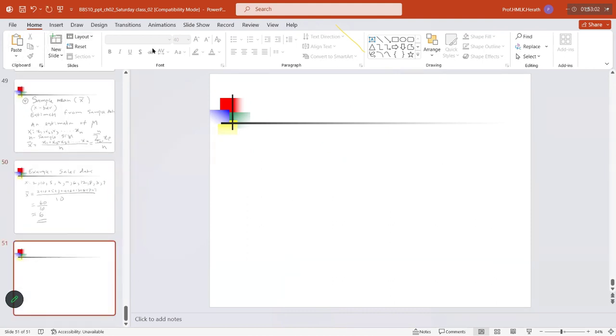Okay. The next thing that we talk about is median. We will talk about population median.